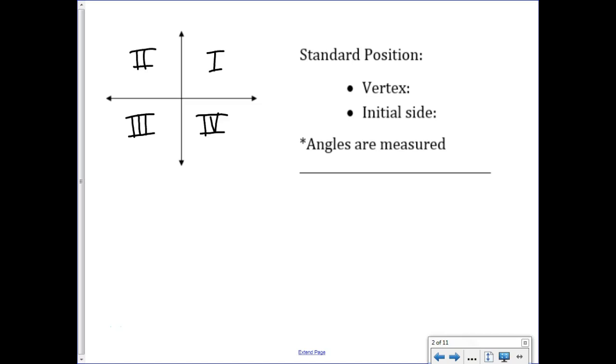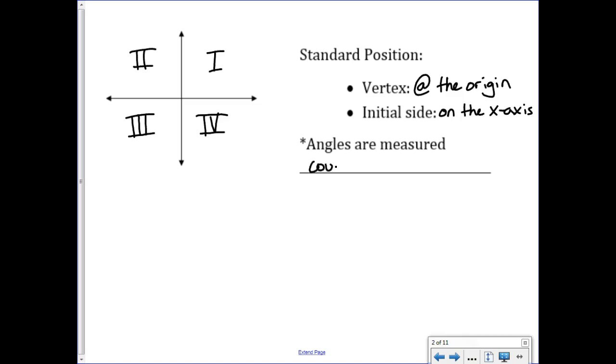So when we are naming angles in standard position, first off, the vertex is at the origin. And the initial side is on the x-axis. Angles are measured counterclockwise.